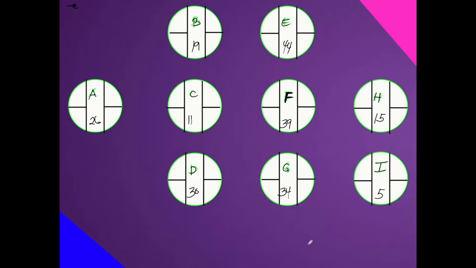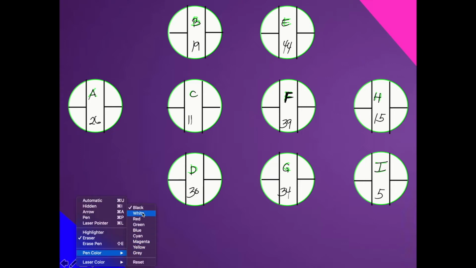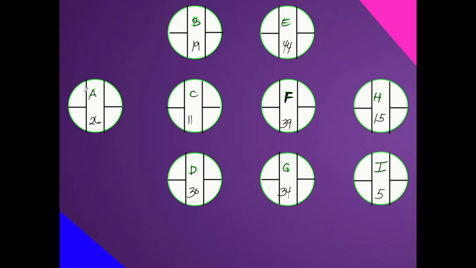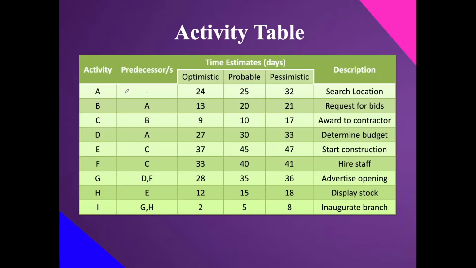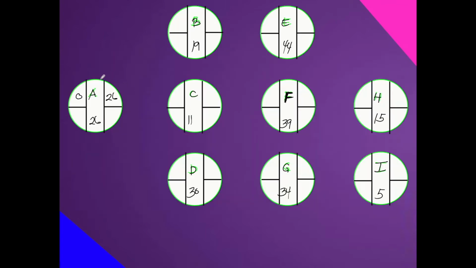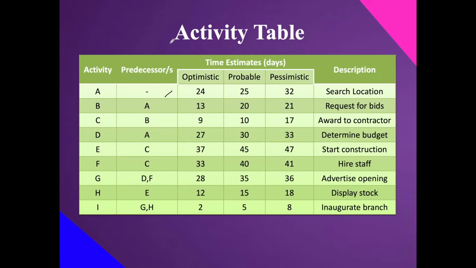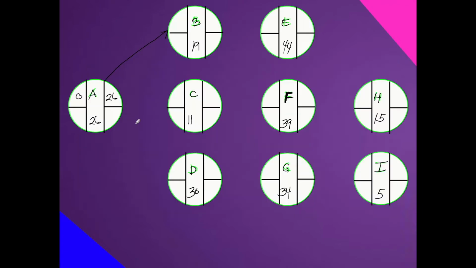Now that we have the data for the expected activity time, let's do the usual, which is the forward pass and backward pass. For the forward pass, we start with activity A. This is 0 plus 26, that is 26. By the way, we have not connected the predecessors yet, so let's connect them first. A has no predecessor. B has A as its predecessor. For C, the predecessor is B, so the network goes downward.